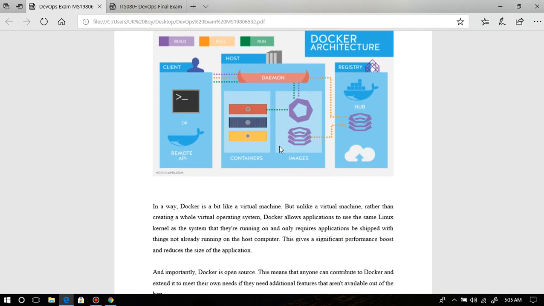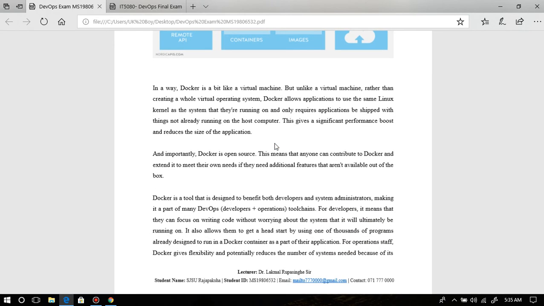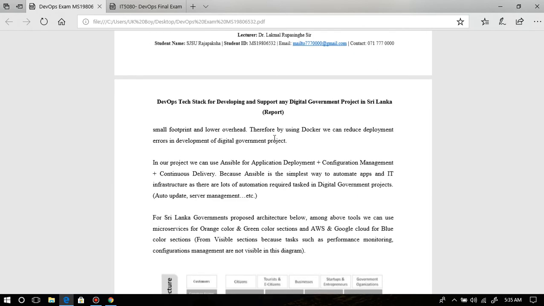Here I have mentioned the main tools which we can use for our project. As well, we can also use Ansible. Basically, we can do configuration management through Ansible.